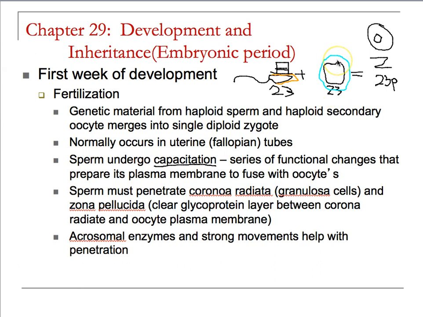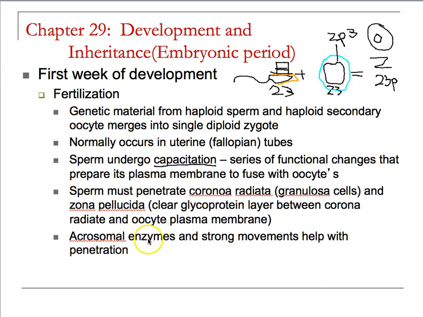And remember, in class I said there's a receptor here called ZP3, meaning zona pellucida 3. That's what gets the spermatocytes to the secondary oocyte and then breaks down that glycoprotein layer.